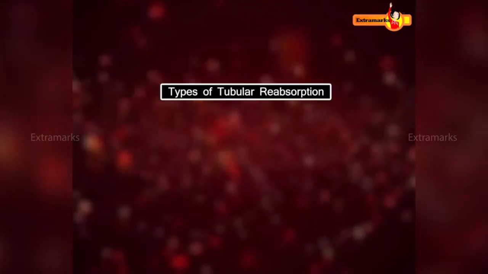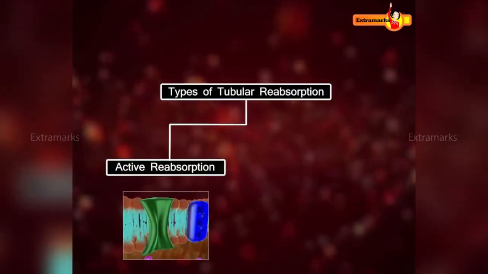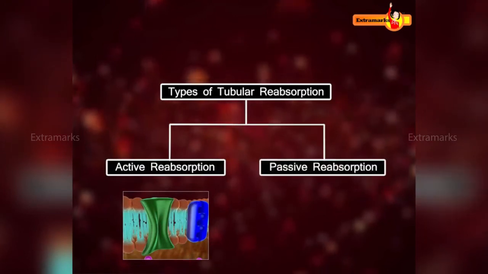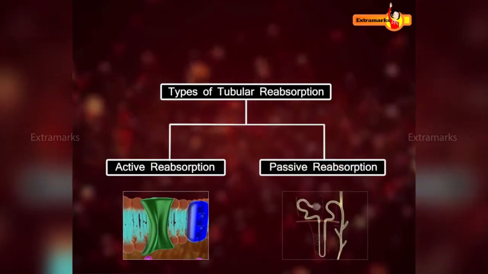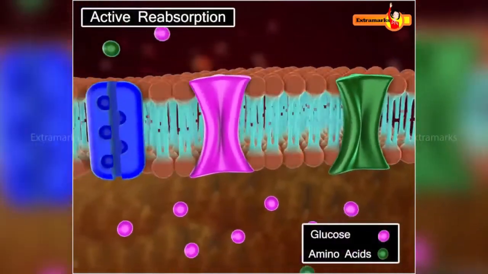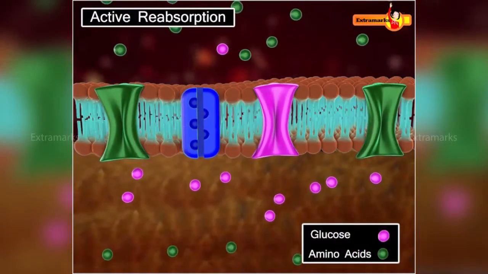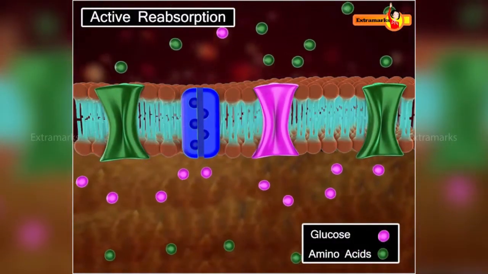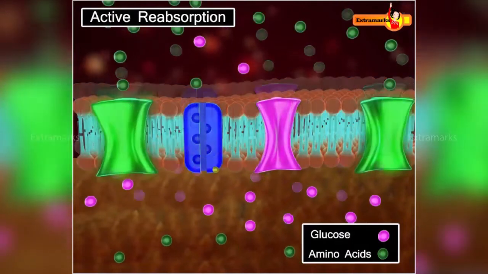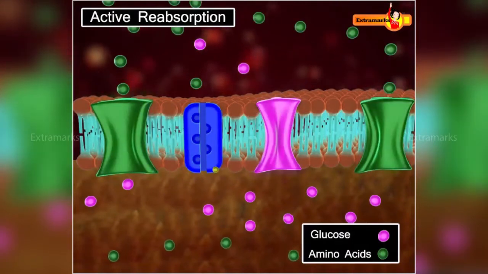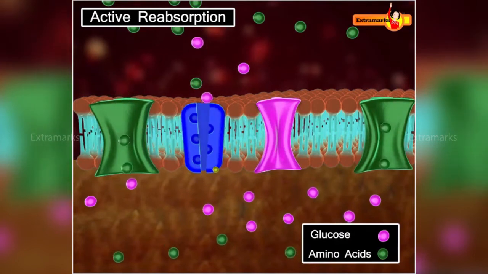Tubular reabsorption is of two types: active reabsorption and passive reabsorption. Active reabsorption of glucose and amino acids is a rapid process that continues even at the low concentration of the substance in the glomerular filtrate.